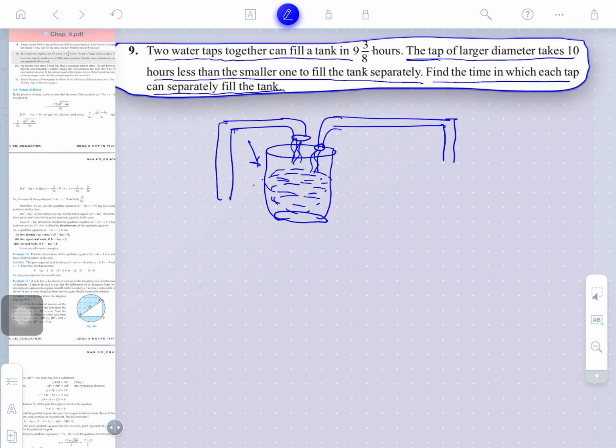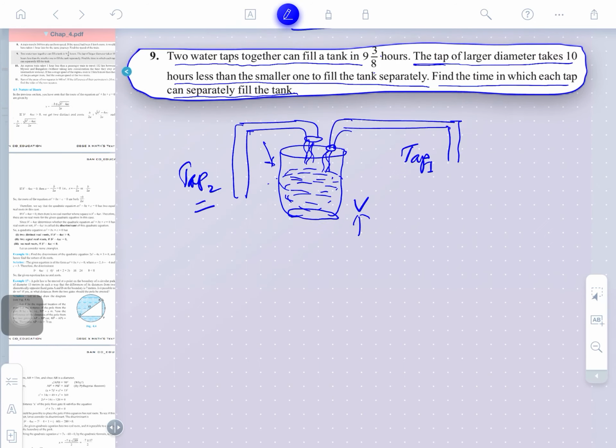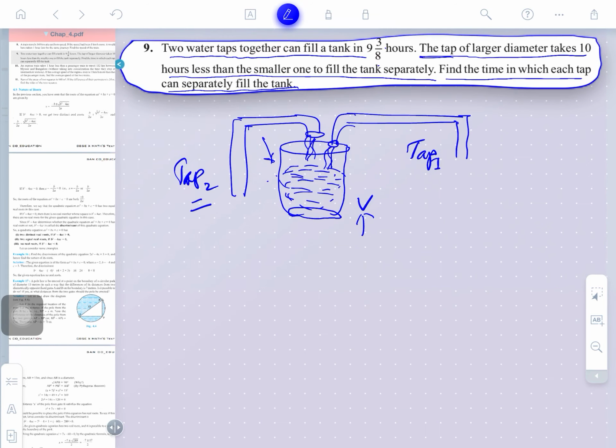Please tell me. The water taps together can fill the tank in 9 whole 3 by 8 hours. Suppose V is the volume here. So one part of the volume is filled by tap 1, and the second is filled by tap 2. The basic thing in measurement is when two machines or two men work together, their power gets added.